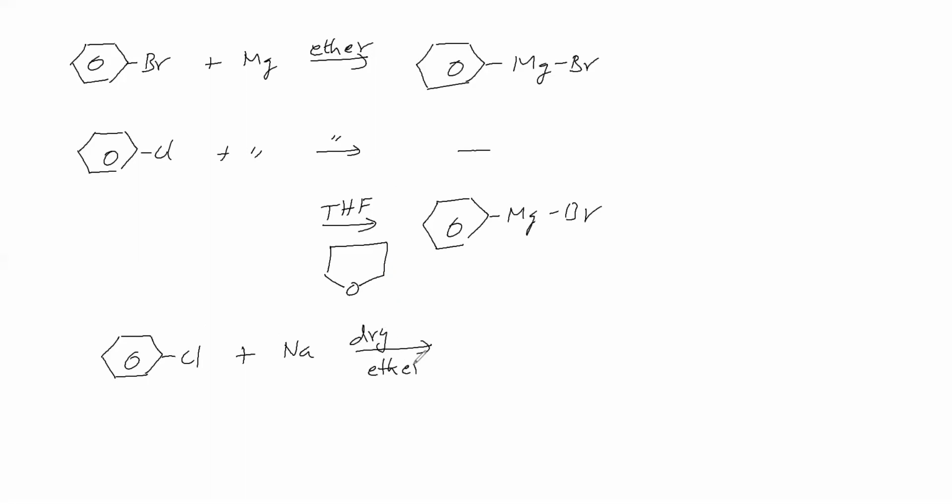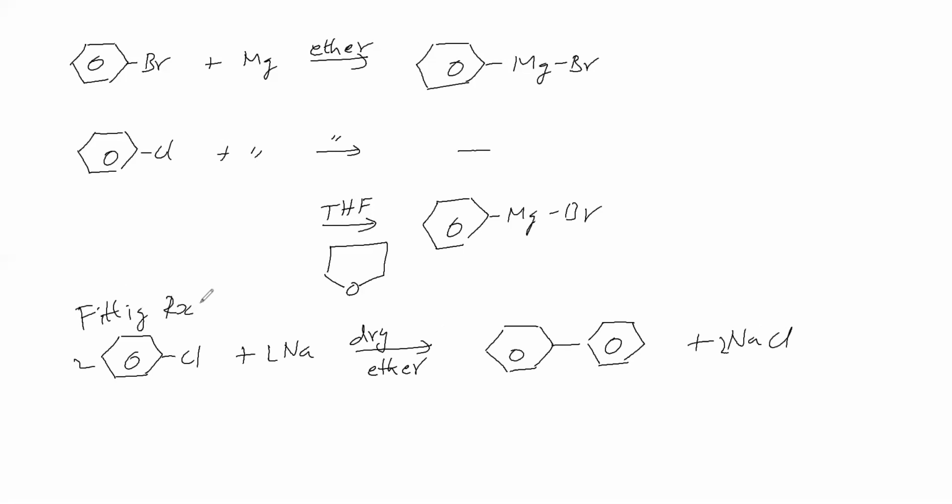What we are getting is biphenyl, and sodium takes chlorine and becomes sodium chloride. This reaction is called a Fittig reaction. So chlorobenzene with sodium in the presence of dry ether gives biphenyl.